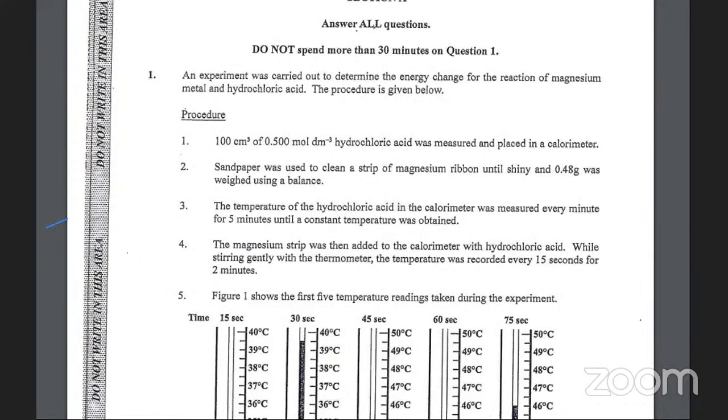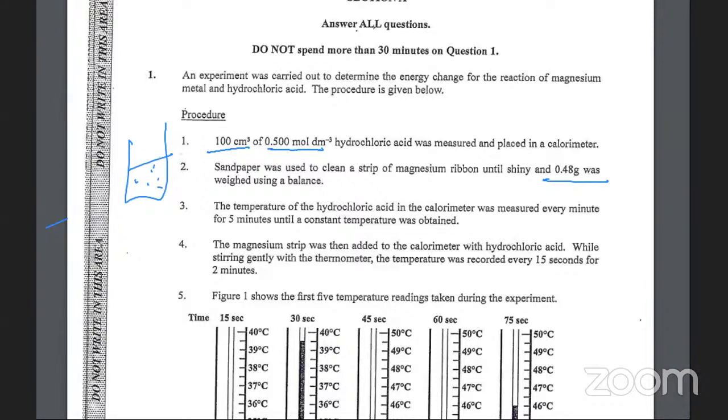And the question gave us the concentration and volume of the acid. We have the volume of the acid, the concentration, and the mass of the magnesium metal. How it would work: we have the container with the acid, you record the initial temperature, then you add the magnesium metal and record the temperature.